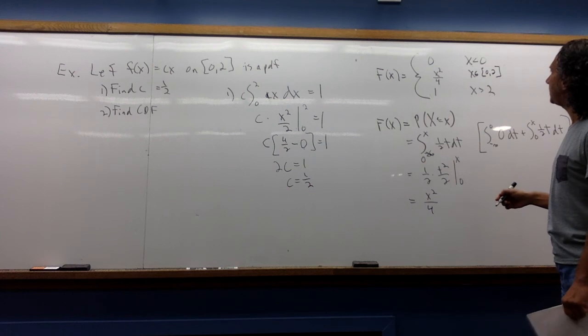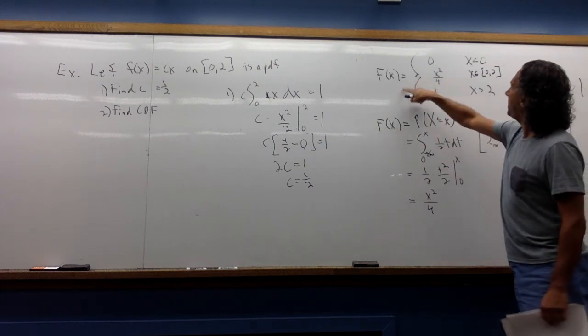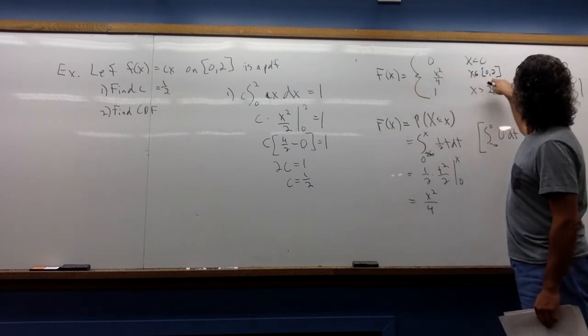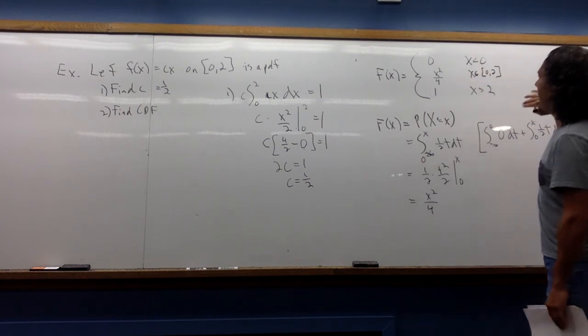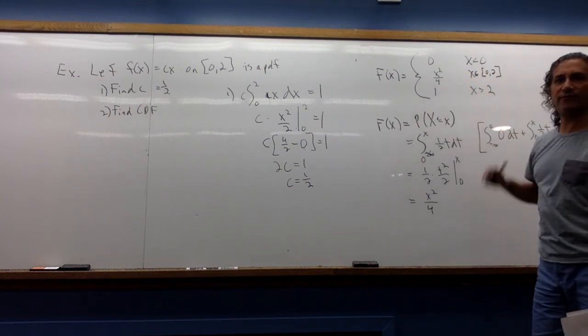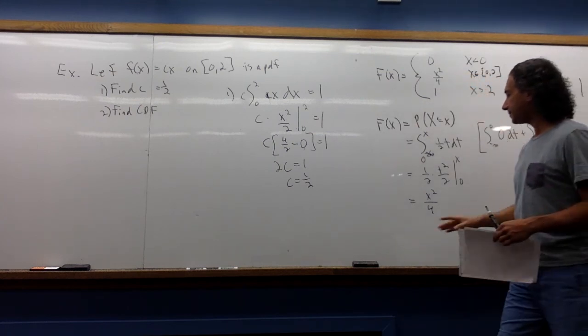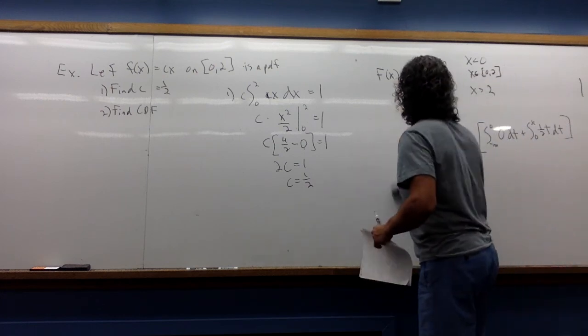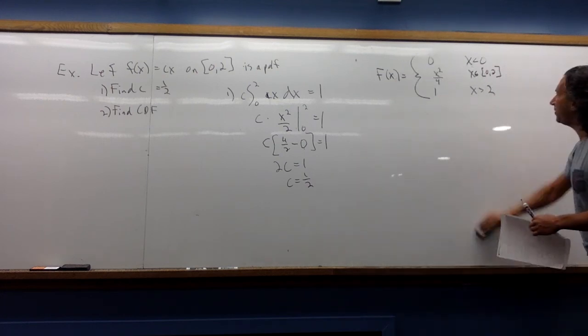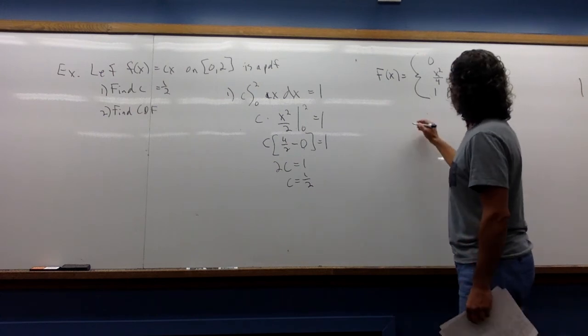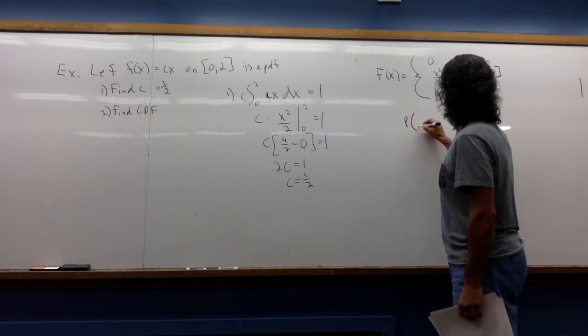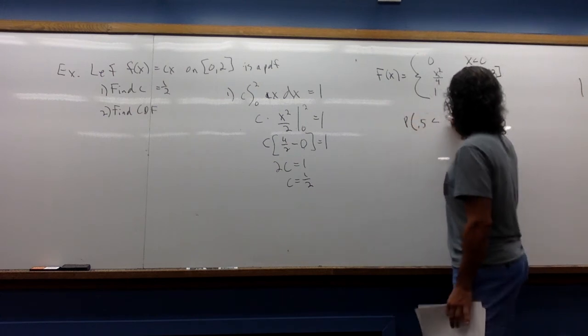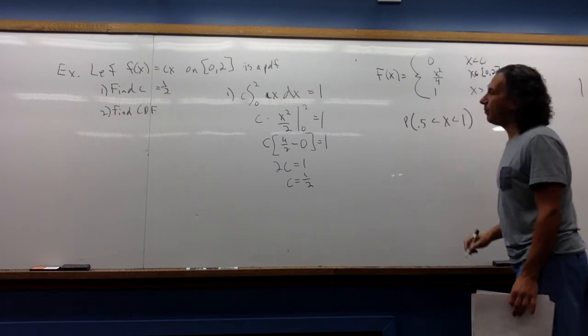As a sanity check, big F of 2 better equal 1, because that's at the upper end of my interval, and it is. 2 squared over 4 is 1. Again, let me show you some of the power of the CDF now that we've computed it. If I said, oh, you know, what's the probability that x is between 0.5 and 1?